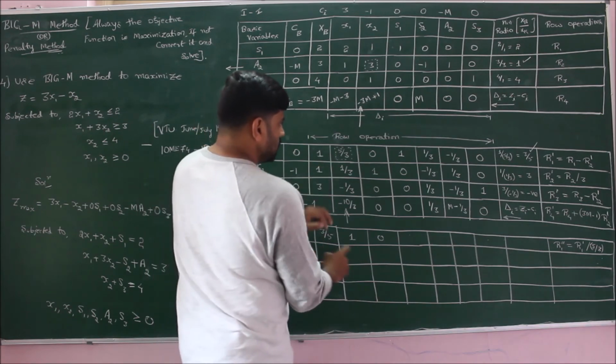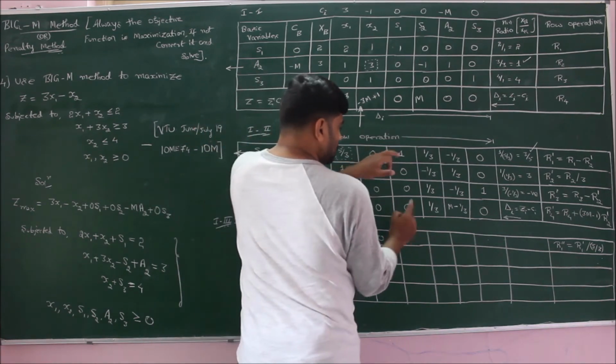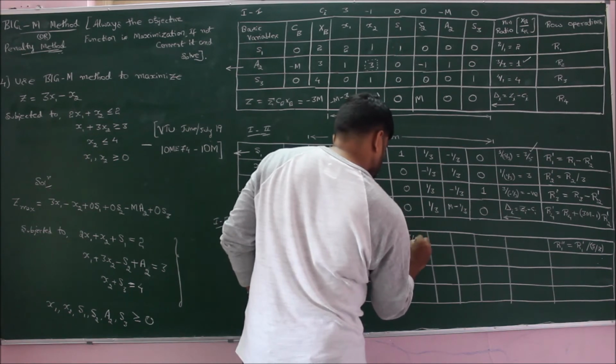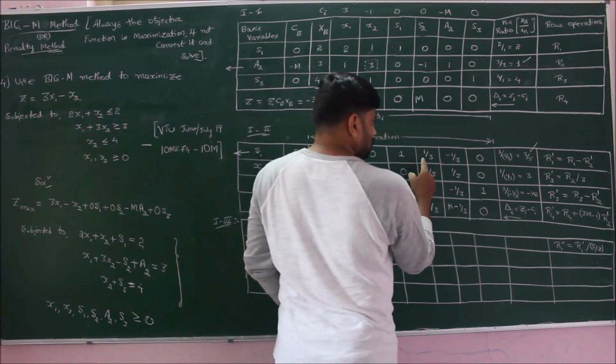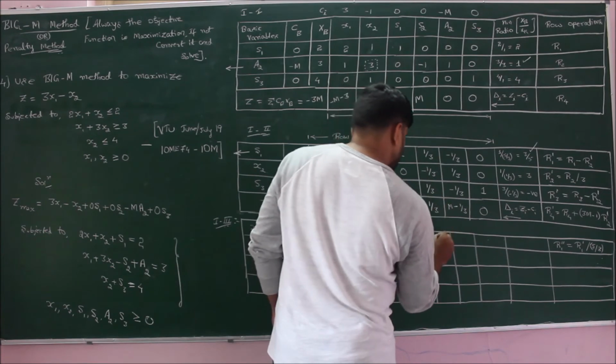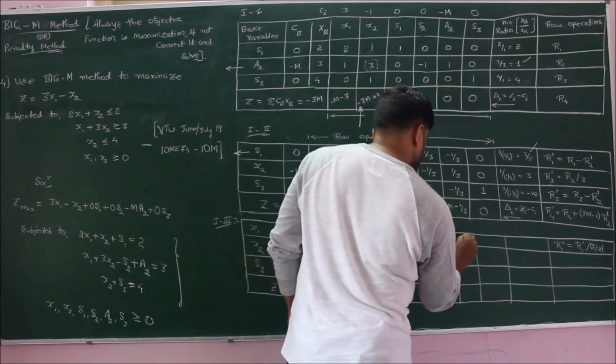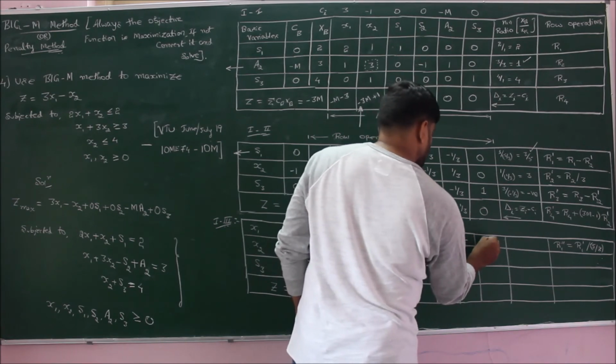Correct? 0. 1 by 5 by 3 is 3 by 5. 3 will get cancelled, it is 1 by 5. Here also 3 will get cancelled. I get minus 1 by 5 and then 0.